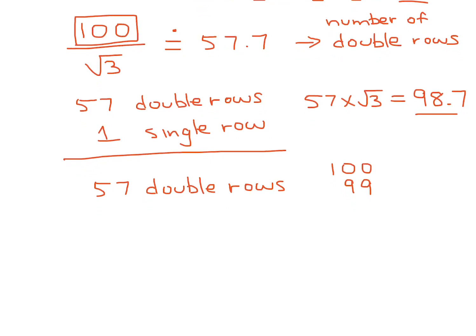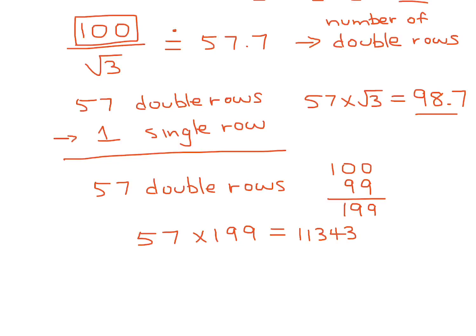So in each double row, we have 199. So the number of circles in 57 double rows is 57 times 199. Okay? Which is 11,343.